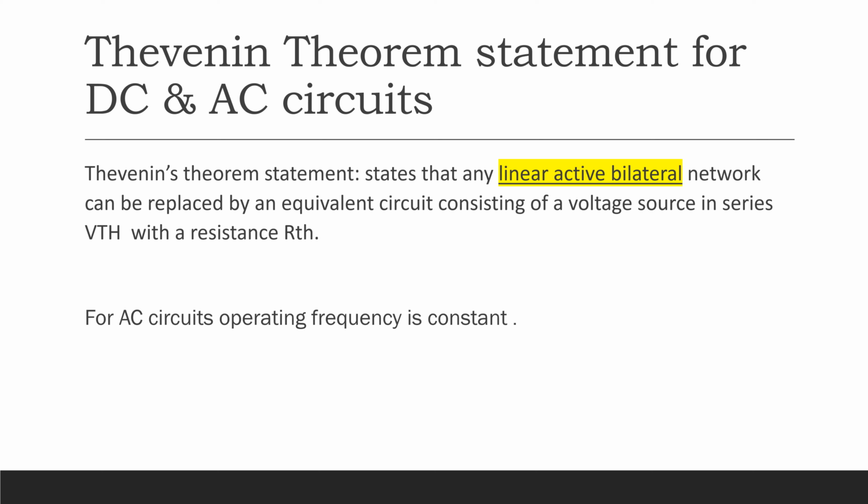Before starting, what is the statement of Thevenin theorem? Any linear active bilateral network can be replaced by an equivalent circuit consisting of a voltage source Vth in series with a resistance Rth.